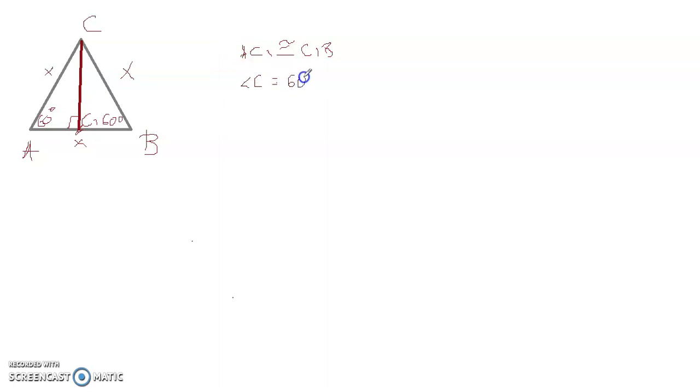And what is the property of the altitude of an equilateral triangle? It bisects angle C. So in that case, this angle C1CB is equal to 30 degrees. We'll write that here.